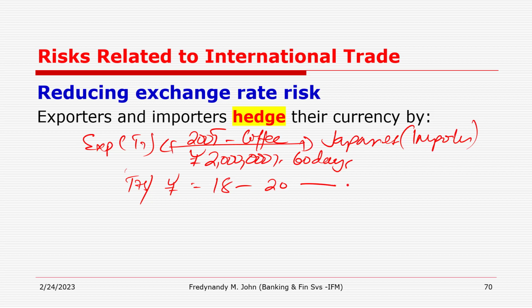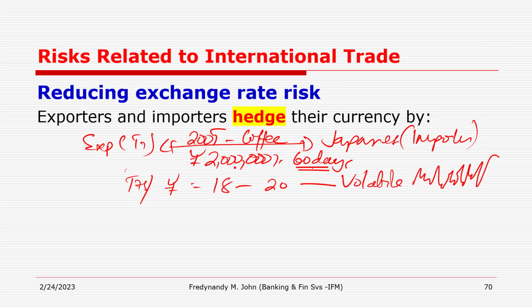Now, we all know that foreign currencies are volatile. Anything can happen that can change the exchange rate between the currencies. So 60 days is a lot of days.